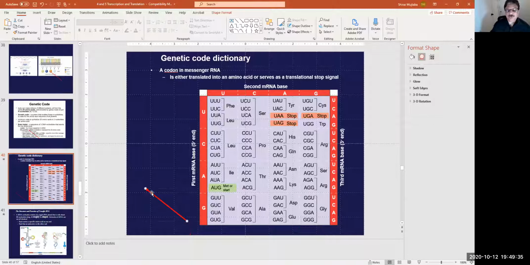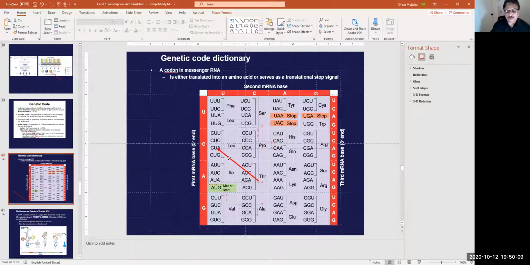Now you would notice that it raises another question: why do we have 20 amino acids but 61 different triple-nucleotide combinations? That is to give flexibility to the system. For example, if you look here, CCU, CCC, CCA, CCG, all these 4 code for the amino acid proline.